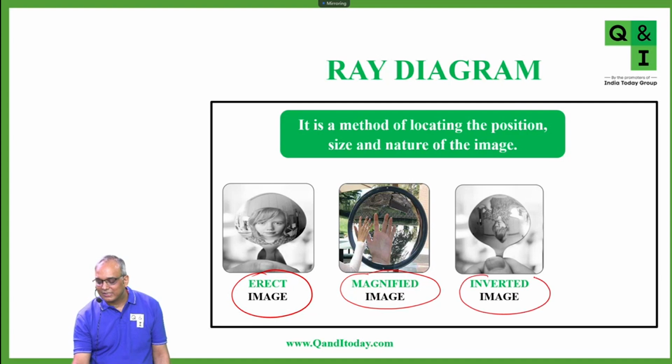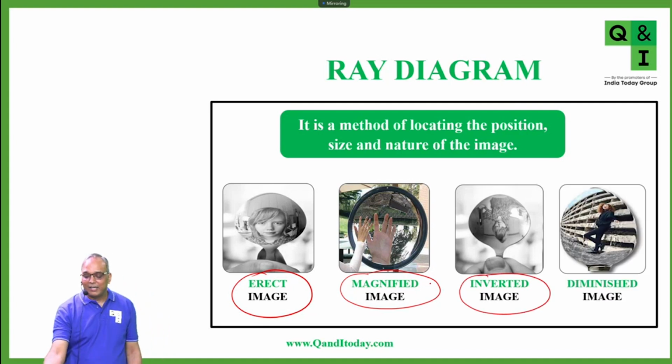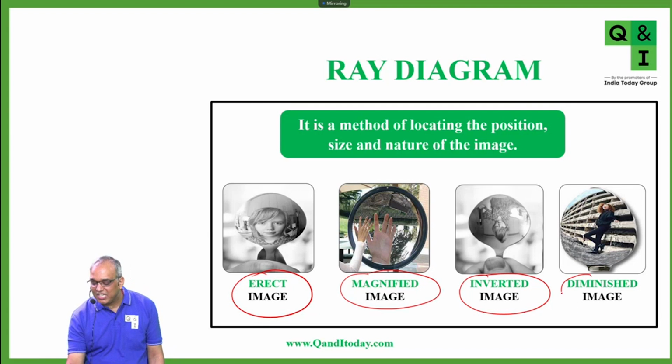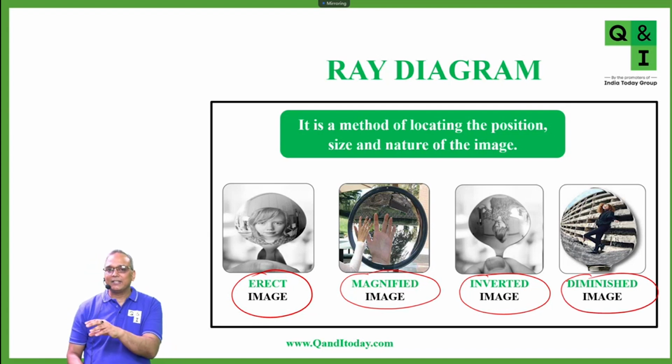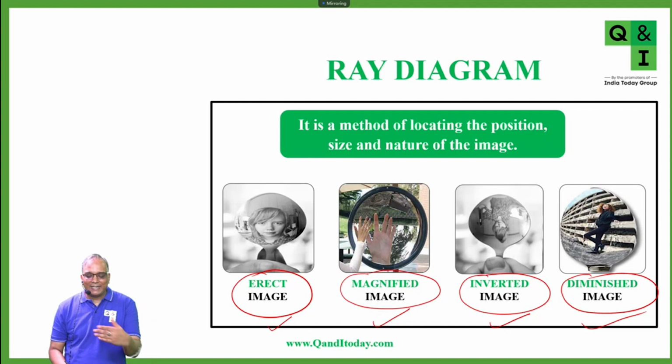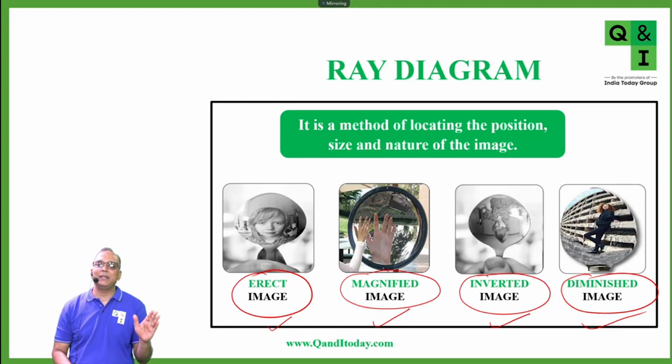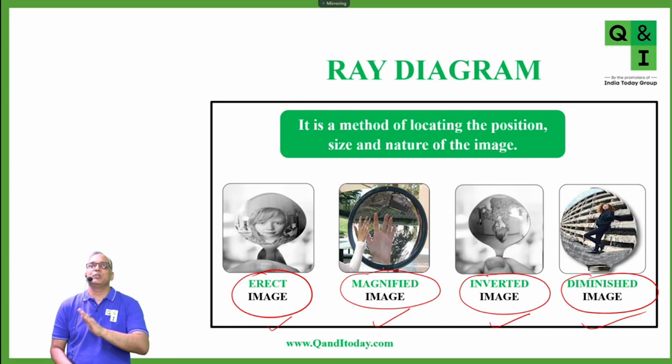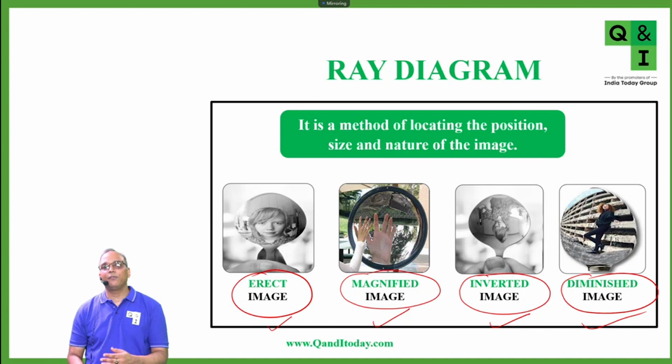And fourth, this is a diminished image: the size of the image is smaller than the size of the object. So these are the different natures of images: erect, magnified, inverted and diminished. We'll understand these once we draw the ray diagram. When the object is placed at some position, you will have different positions of the image, and similarly different natures of image being formed.